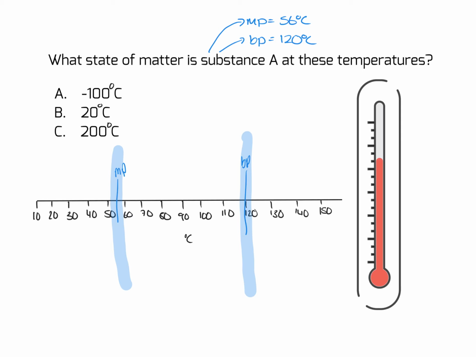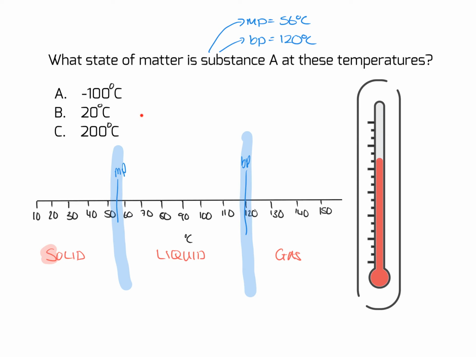Solids are the coldest, so they're going to be the cold temperatures below the melting point. Oh, that's a highlighter. Didn't mean to use a highlighter. There we go, solid. If you take your solid and you heat it past its melting point, it will become a liquid. And if you take your liquid and you heat it past its boiling point, it will be a gas. So there's our number line, all ready to go.